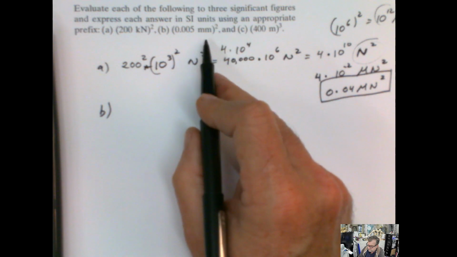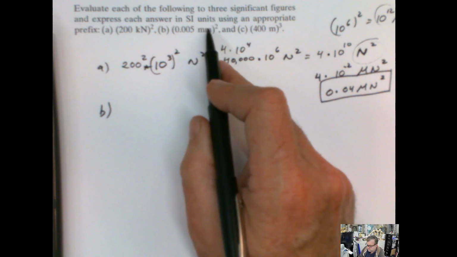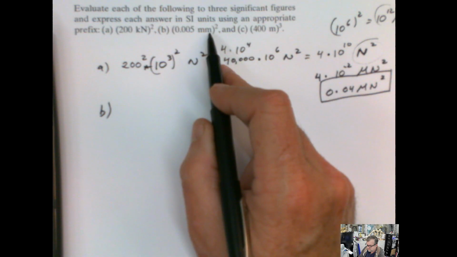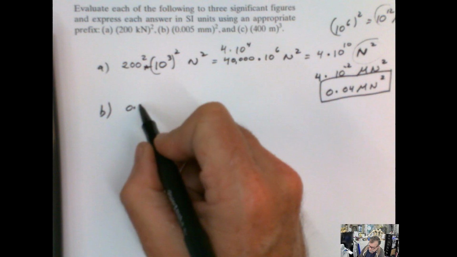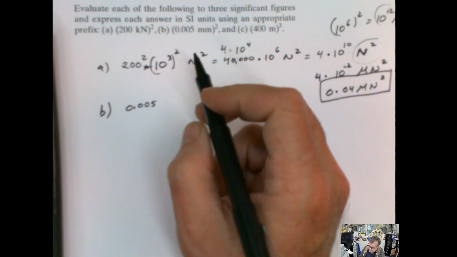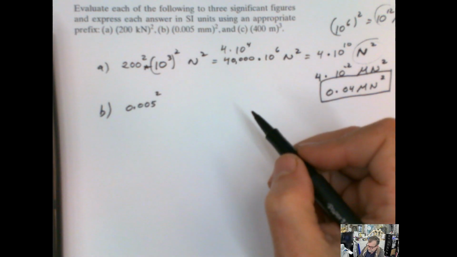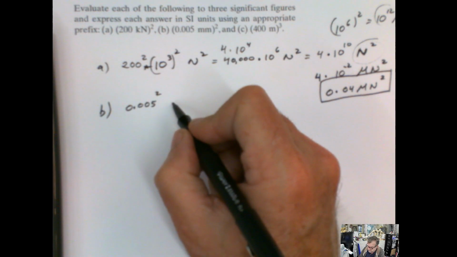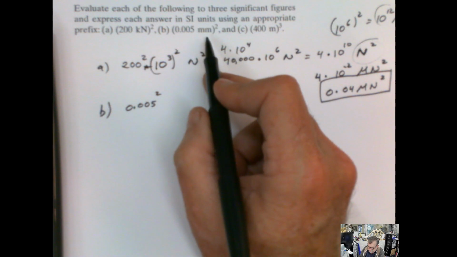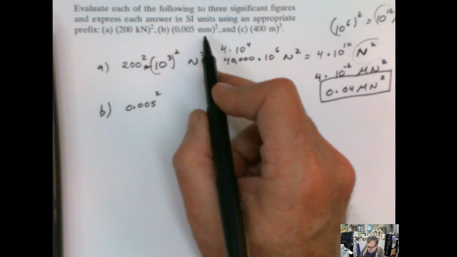For part B, (0.005 millimeters) squared. Once again, this is inside of the parentheses, so I say 0.005 squared millimeters squared, and that's it. But the problem is, I don't want to express this in millimeters.